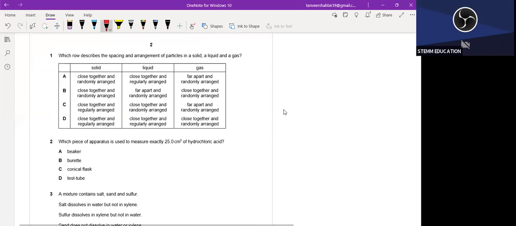Now, see, the first question is: which row describes the spacing and arrangement of particles in a solid, a liquid, and a gas.